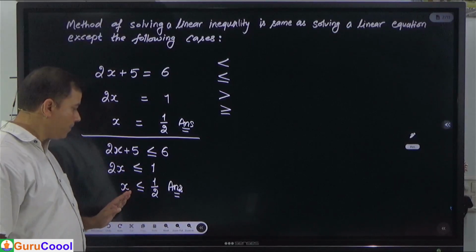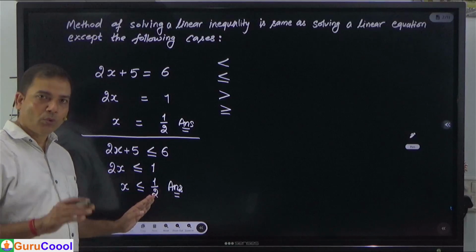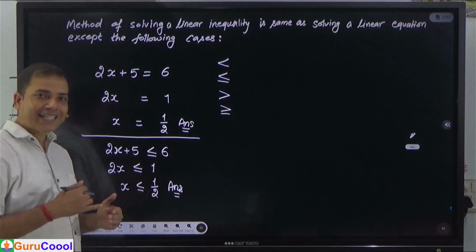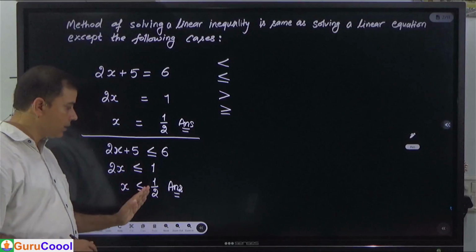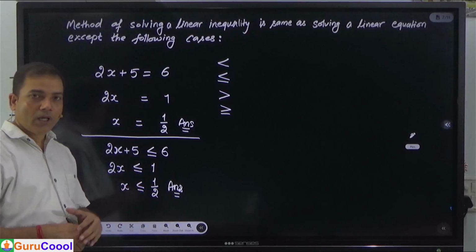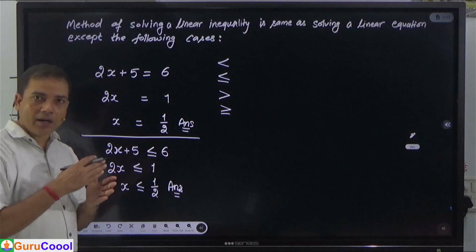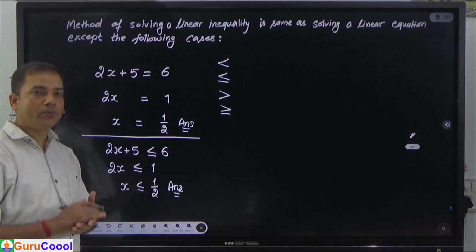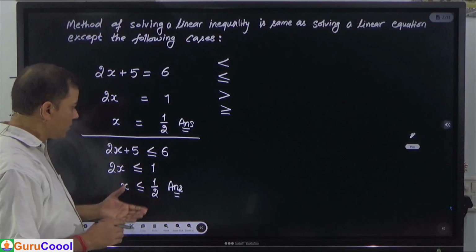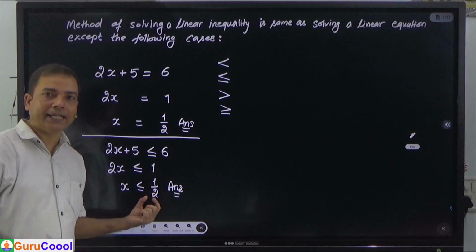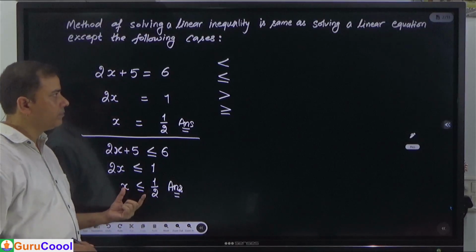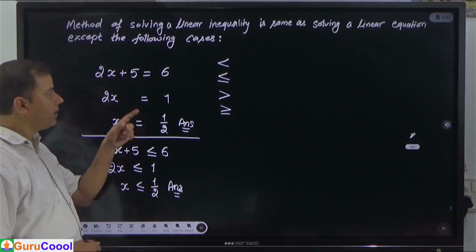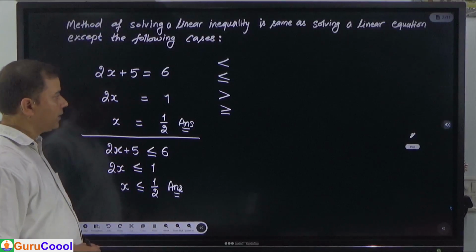The meaning is simply x can be 1 by 2 or x can be any other number which is lesser than 1 by 2. And we know that there are infinite numbers lesser than 1 by 2. So an inequality has infinite solutions, not just one. This is a basic difference between equation and inequality.